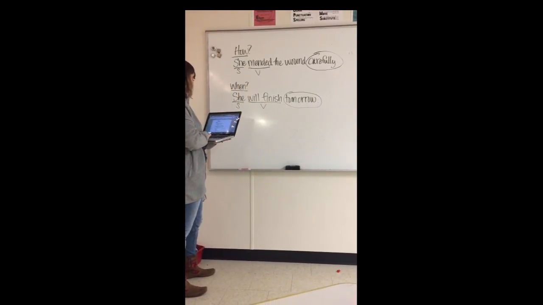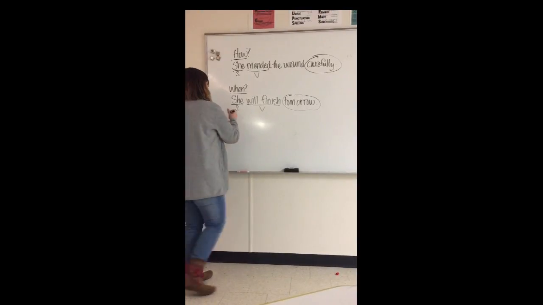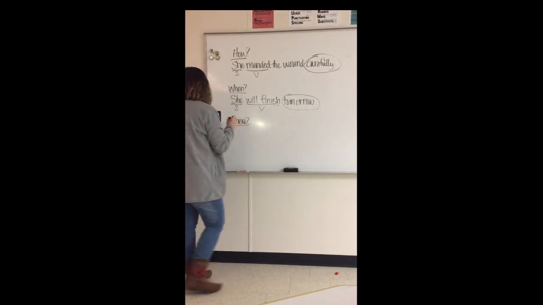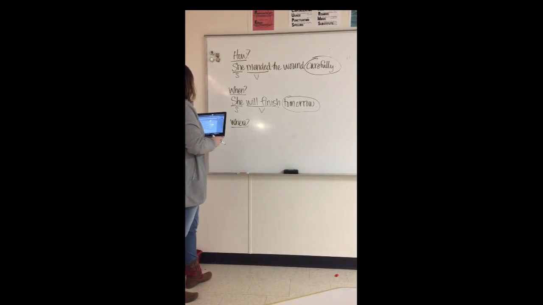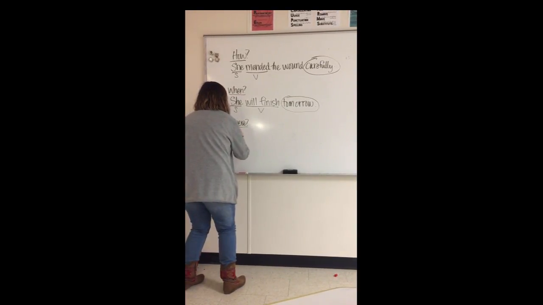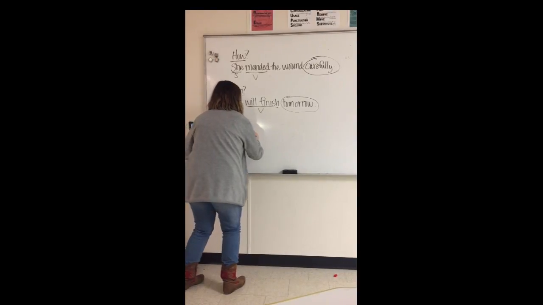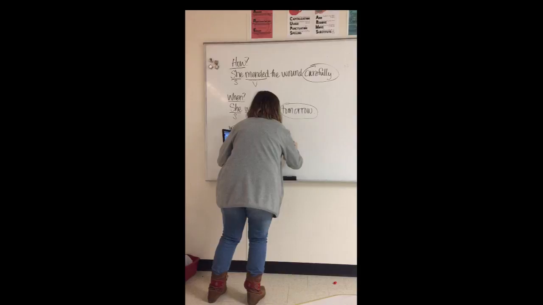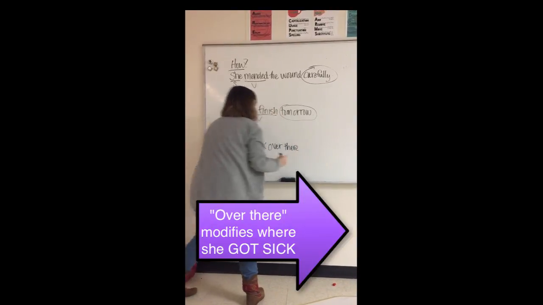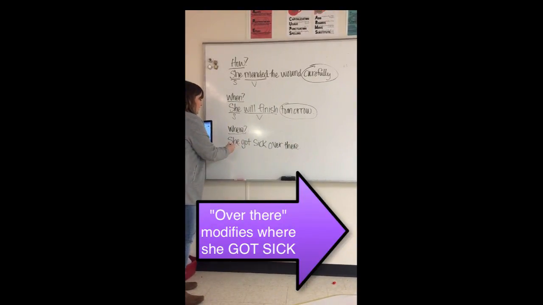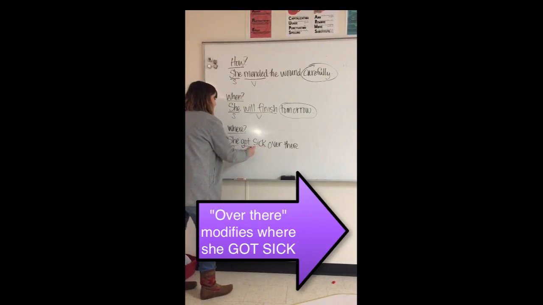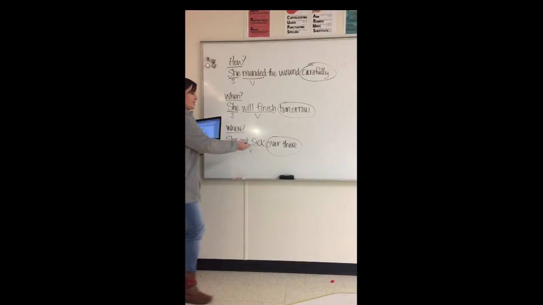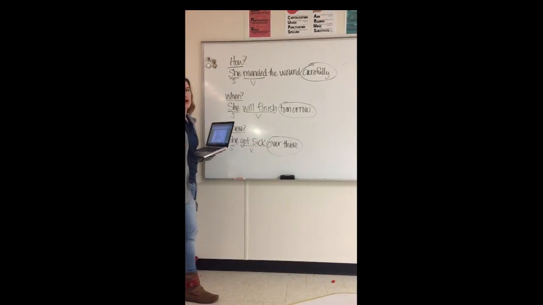The next one is where, and you should have these in your notes. She got sick over there. She is the subject, got sick is the verb. Where? Over there. And since it's more than one word, it's an adverbial phrase.